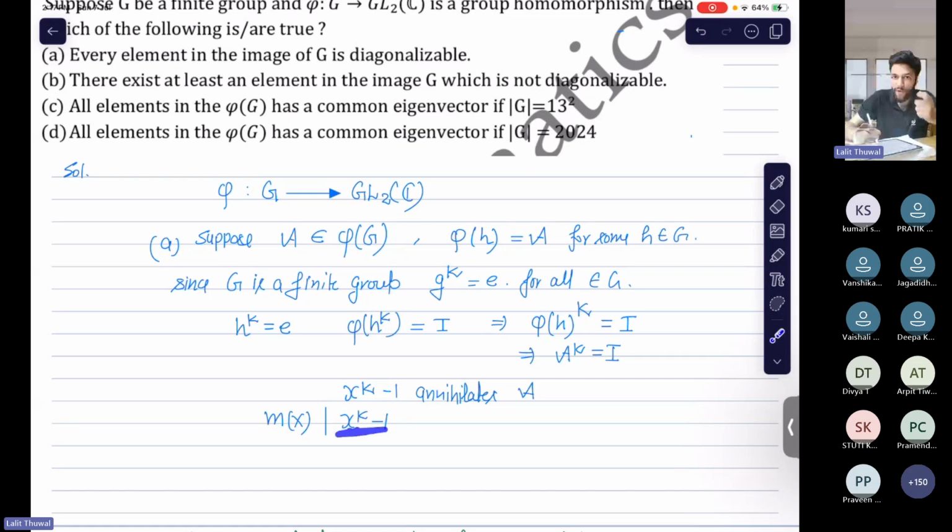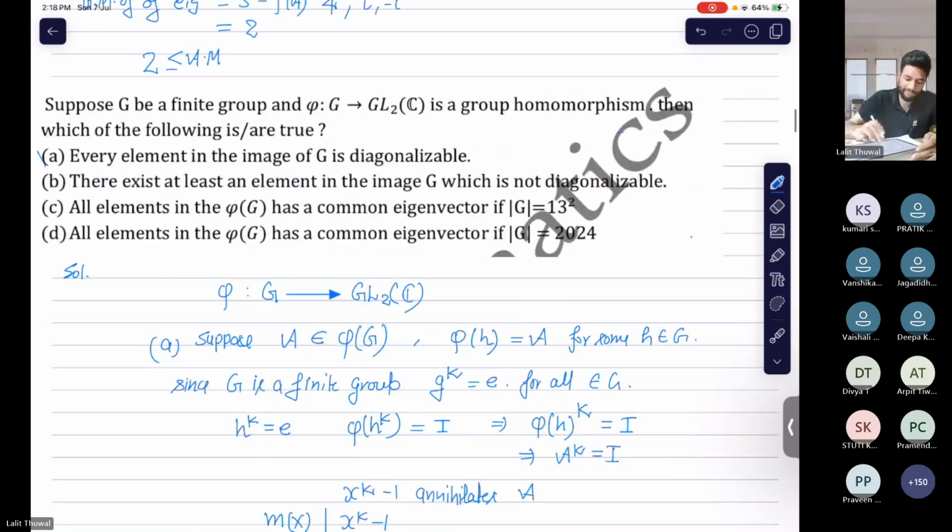You know that all its roots are distinct, so this is a product of distinct linear factors, and any factor of it will again be a product of distinct linear factors, right? So the minimal polynomial of any matrix in the image is a product of distinct linear factors. That's why every matrix is diagonalizable over C. When no field is mentioned, you consider it C. So every element in the image of G is diagonalizable.